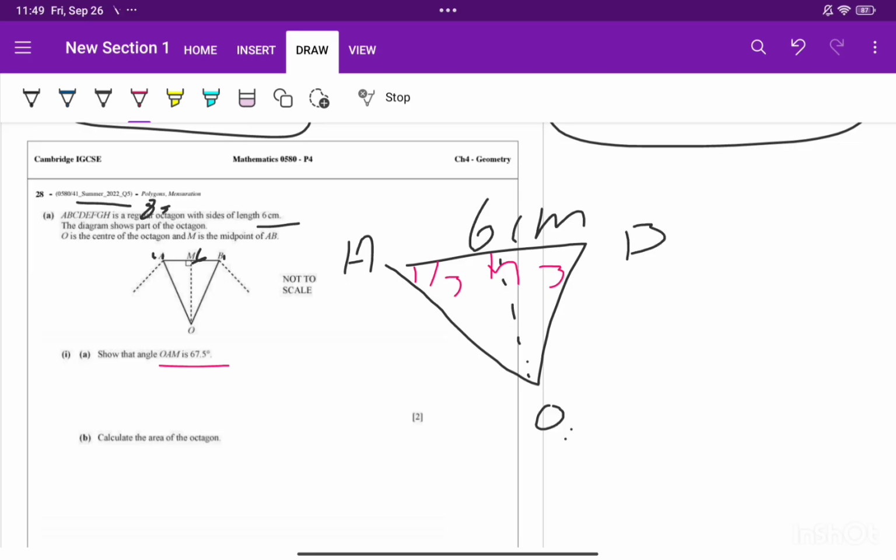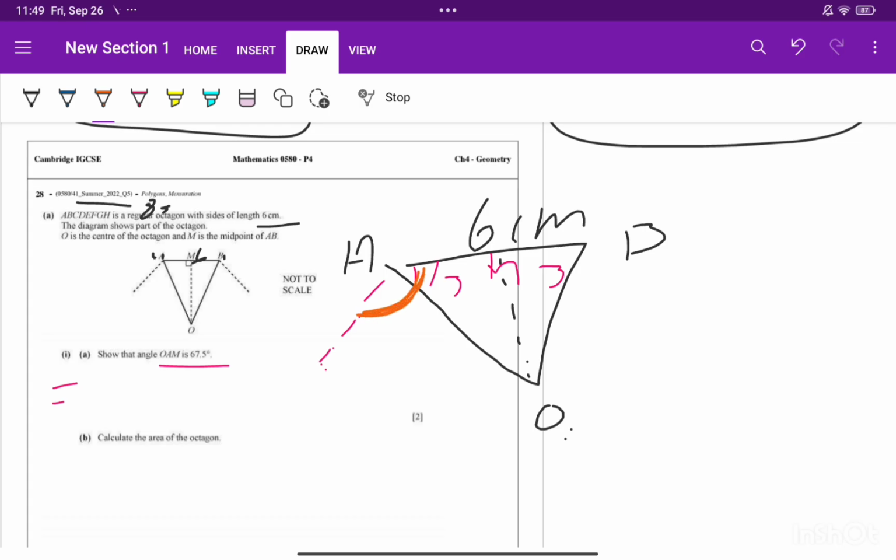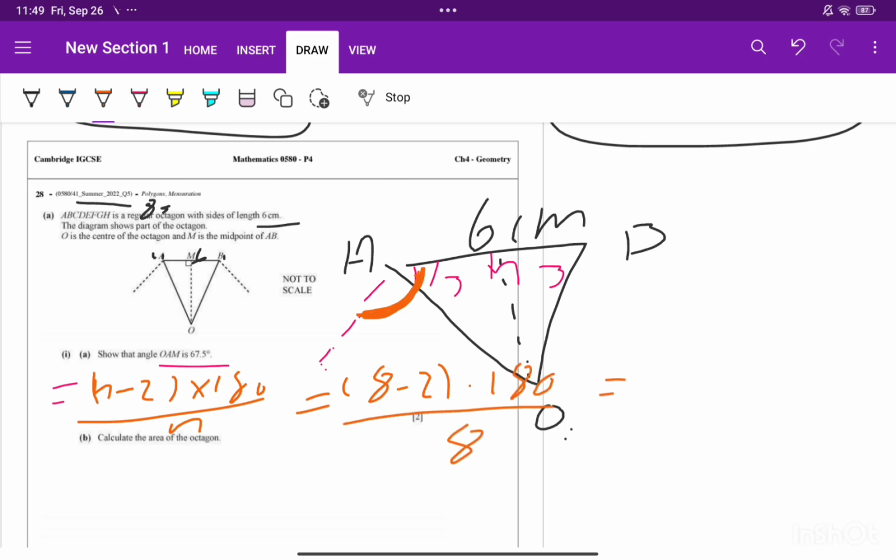Okay, first we will find the interior angle. Interior angle will be this whole thing. So the octagon interior angle formula is (n minus 2) multiplied by 180 divided by n, where n is the number of sides. In an octagon there are 8 sides, so (8 minus 2) multiplied by 180 divided by 8 gives us 135.